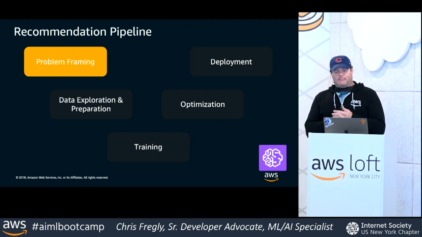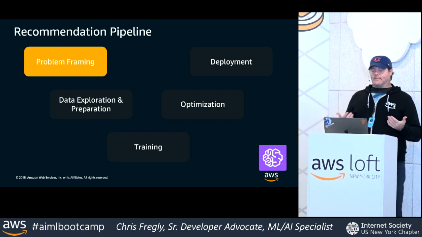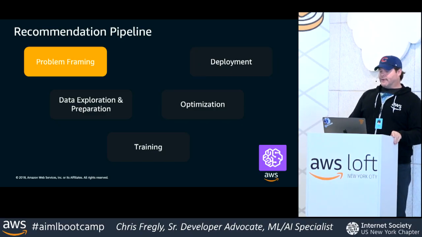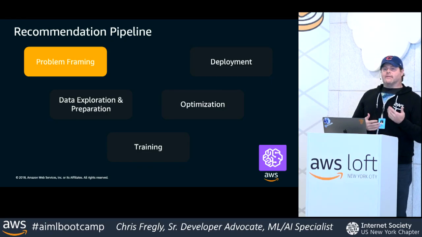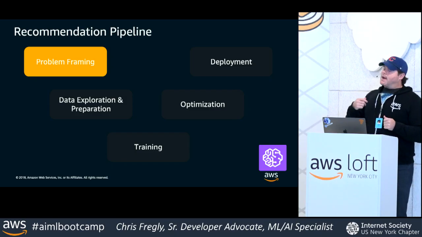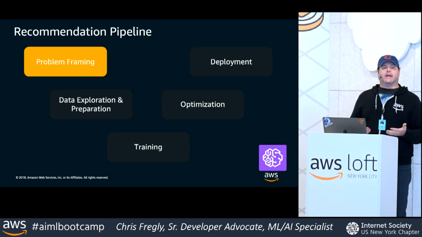When building your pipeline, and this could be any pipeline, not specifically a recommendation pipeline, we have to frame the problem. Next will be to explore and prepare the data. This is often called feature engineering. This is where we're taking raw data, raw CSVs, like I showed yesterday with the forecast, and converting them into something that these models need and understand.